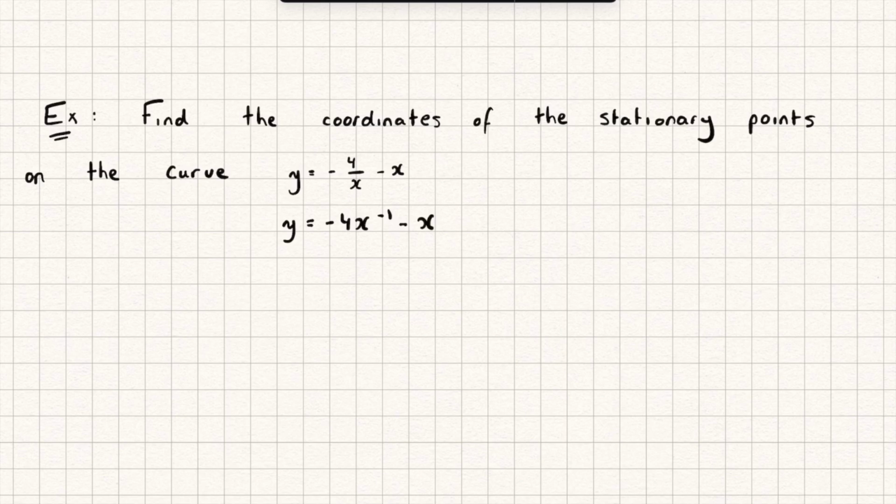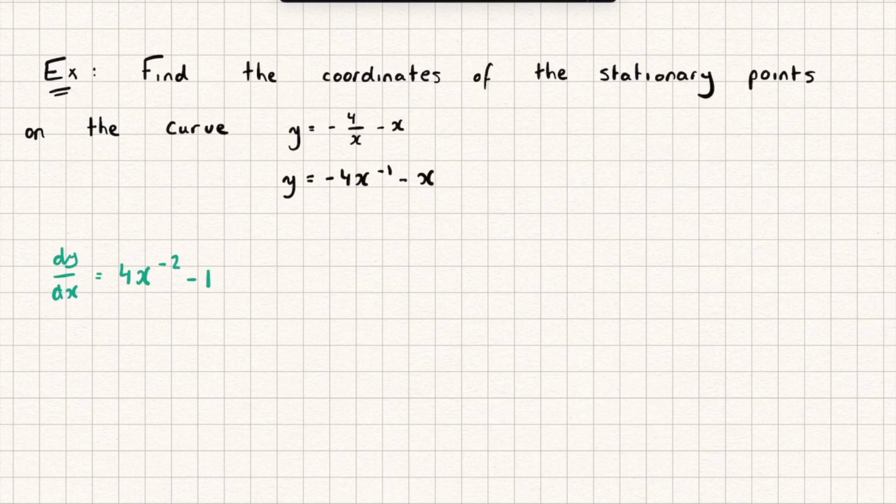By rewriting 4 over x as 4x to the minus 1, it's going to be easier for me to differentiate. So let's find dy by dx. Let's times by the power and take 1 away. Negative 4 multiplied by negative 1 is just 4, x to the power of, we'll take 1 away, minus 2. And then minus x, the derivative is just minus 1.